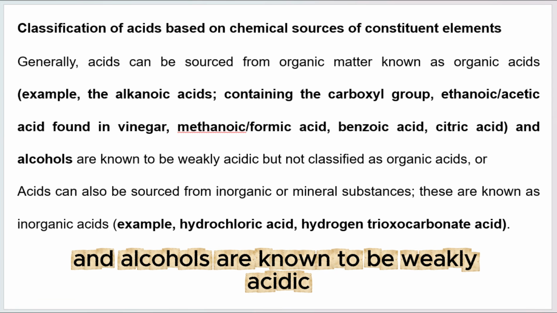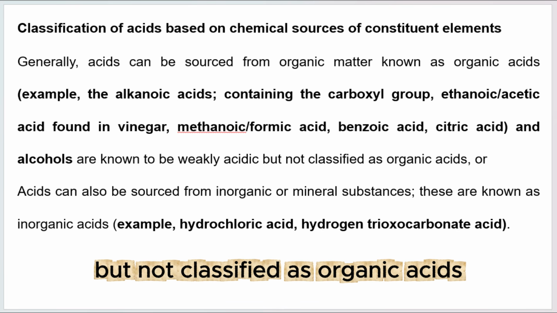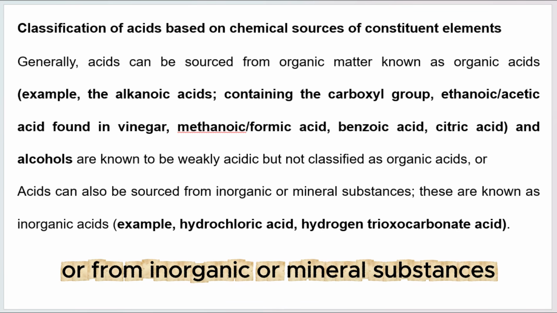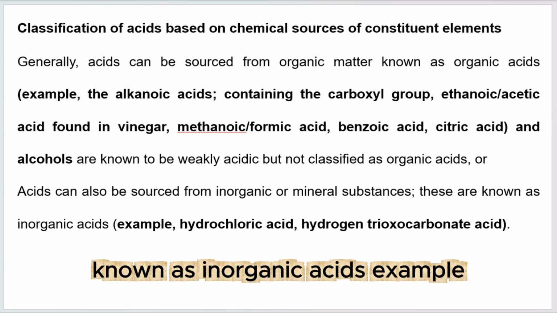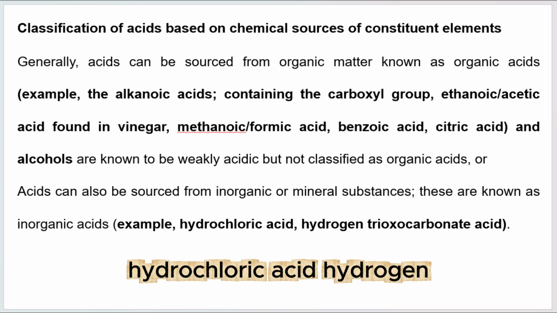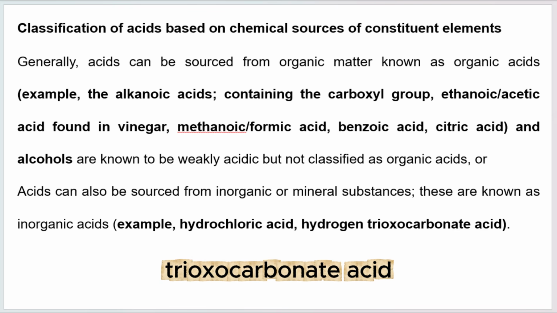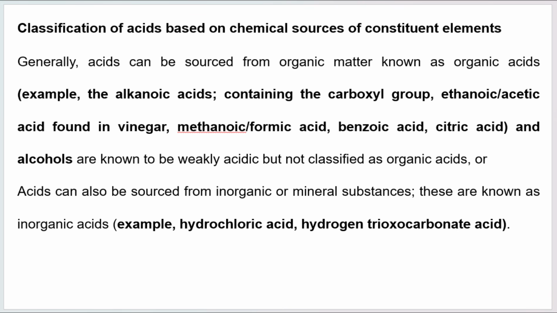Alcohols are known to be weakly acidic but not classified as organic acids. Acids can also come from inorganic or mineral substances known as inorganic acids. Example, hydrochloric acid, hydrogen trioxocarbonate acid.